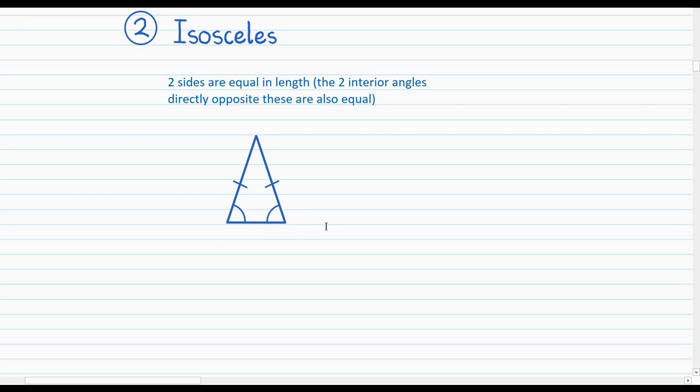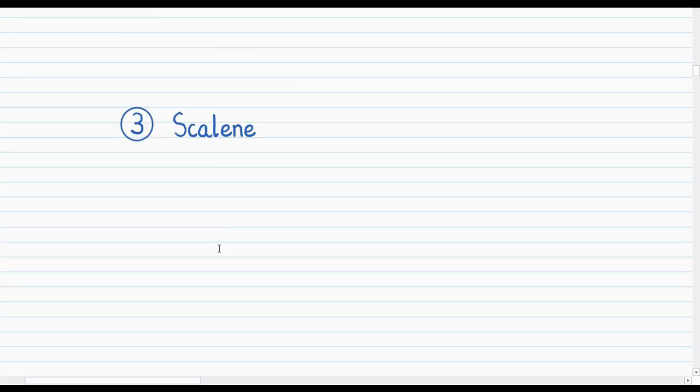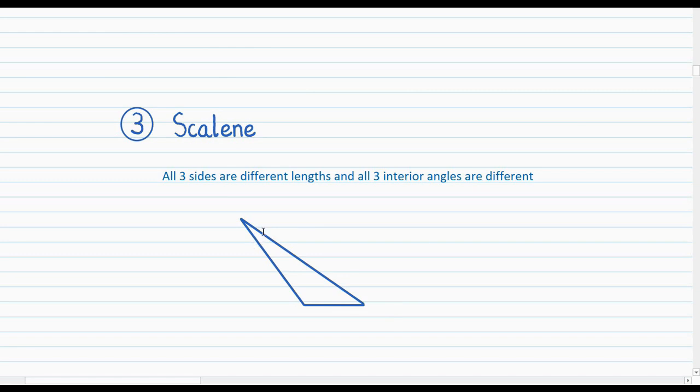Then the third type of triangle is a scalene triangle, where all three sides have different lengths and all three interior angles are also different, such as the following triangle, which has one somewhat tiny angle like this, and then one moderate angle like that. And in this case, it turns out we can apply the first sort of classification we looked at, which is that this would have one obtuse angle in it.